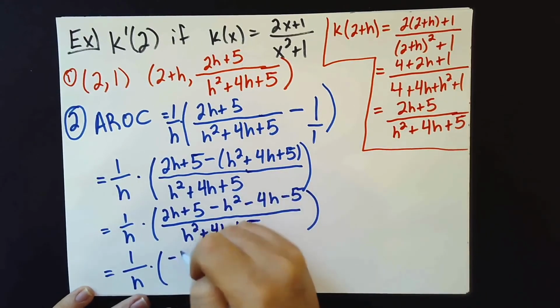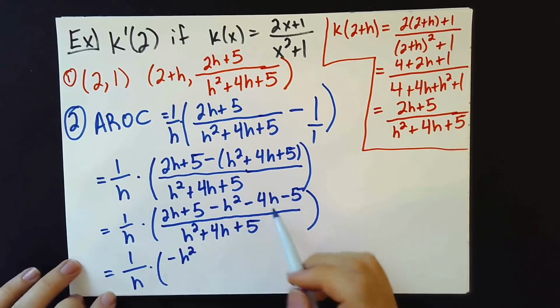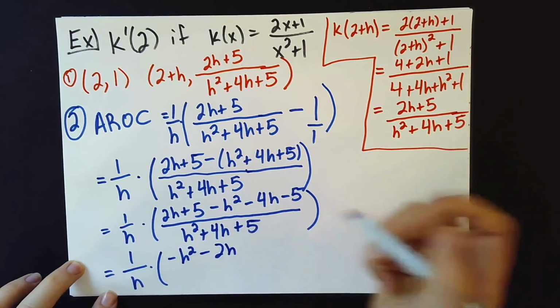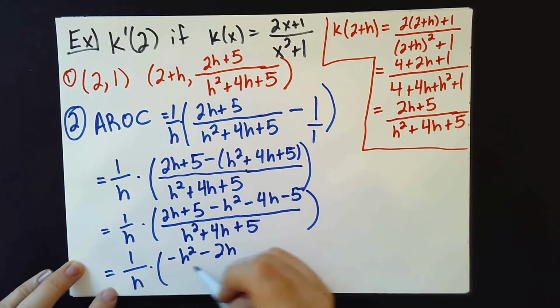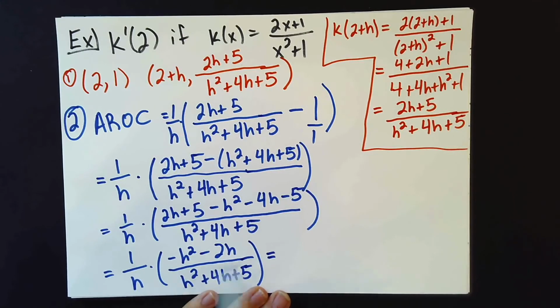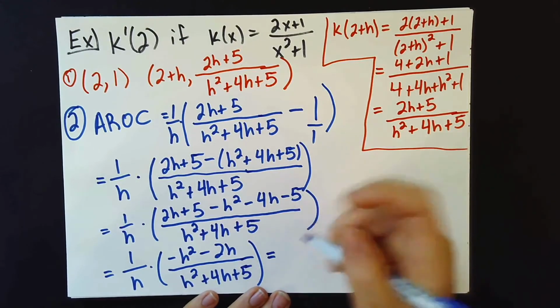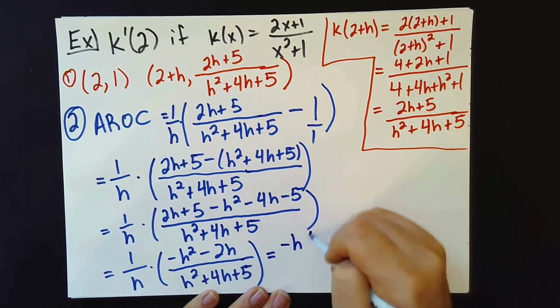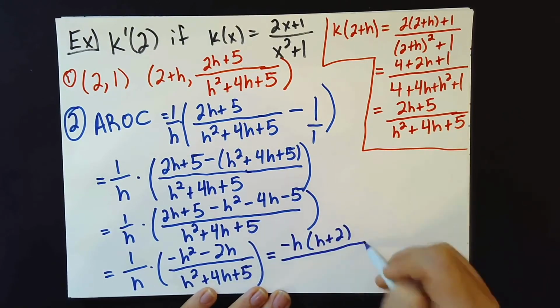We'll combine stuff. Minus h squared minus 2h, and then the 5s cancel. Okay, I can factor an h out of the numerator. In fact, I can factor a minus h out of the numerator. That'll probably make my life nicer.